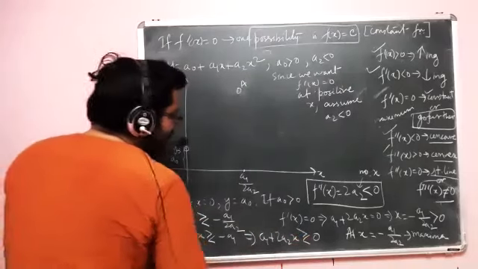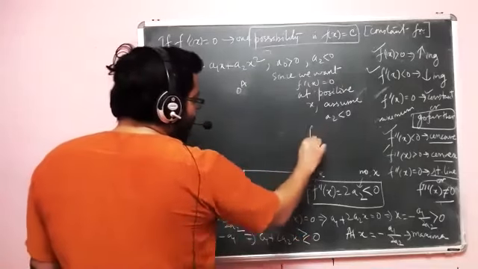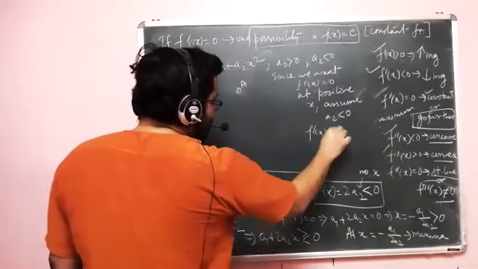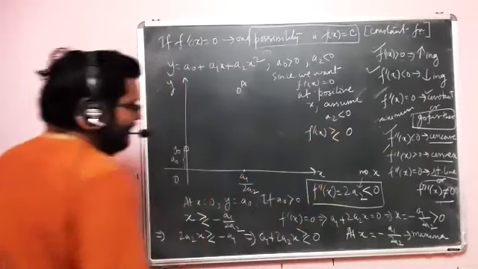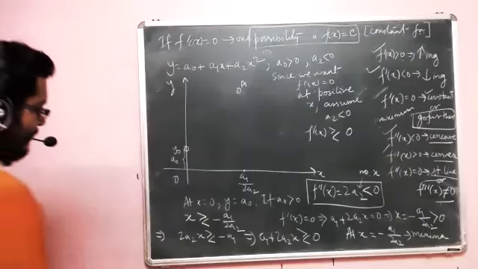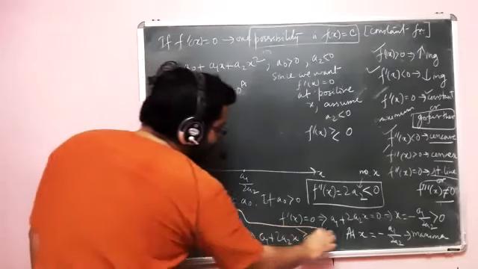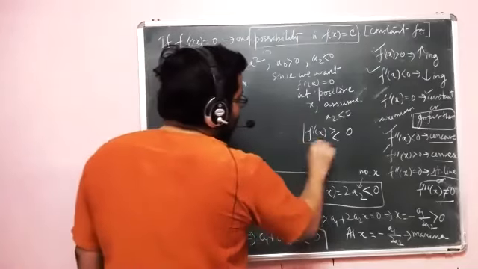Now a1 plus 2a2x is our f dash x. So f dash x greater than or equal to, greater than or less than 0. What does this mean? We started from here, then we went here, and then we got this result.